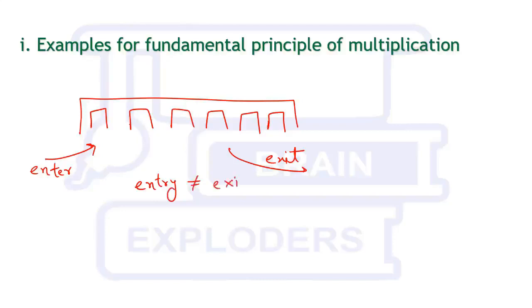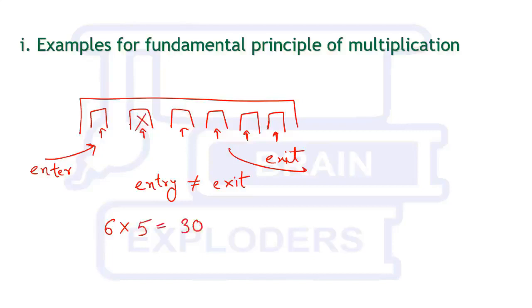Since there are 6 doors to enter, in total there are 6 ways to enter. We have to enter and exit, so here multiplication will be used. So 6 possibilities to enter, and if we choose any door and enter, we can exit from any other, so there are only 5 possibilities for exit. So in total there are 30 possibilities.